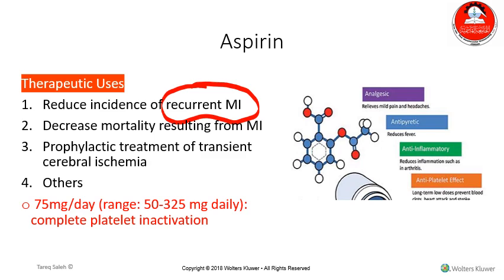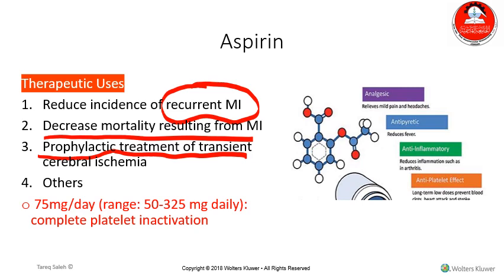It definitely has been shown to reduce the mortality resulting from myocardial infarction, and it can also be used in the prophylactic treatment or the preventive treatment of transient cerebral ischemia that also results from the formation of unwanted thrombi in the cerebral circulation.